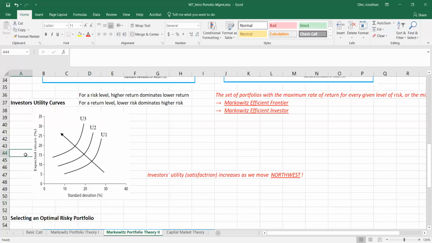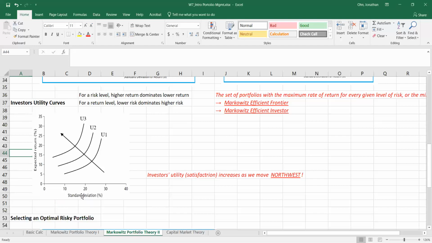So expected return is an example of a good. But standard deviation, that's a risk. The higher the risk, your satisfaction will go lower, right? Low risk, your satisfaction will go higher. So standard deviation is an example of a bad. The expected return is a good, so the higher, the better.